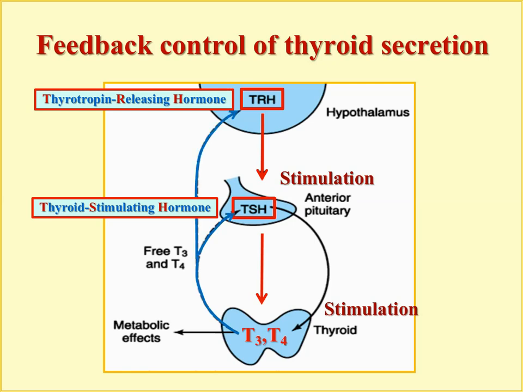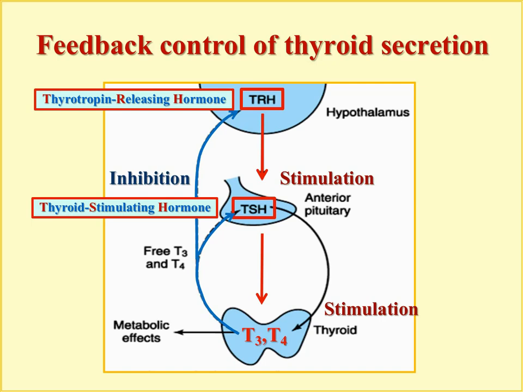Just the normal TSH level simply contributes to normal size of the thyroid gland. T3 and T4 secreted into blood control the level of TRH and TSH by feedback, and this feedback is negative because it produces inhibition of secretion of TSH and TRH. So normal levels of T3 and T4 keep TSH and TRH at normal level.